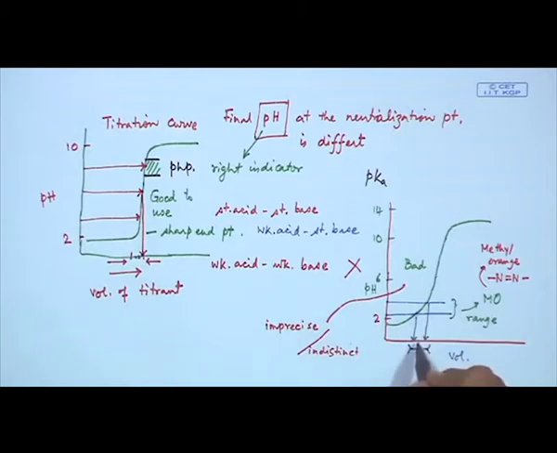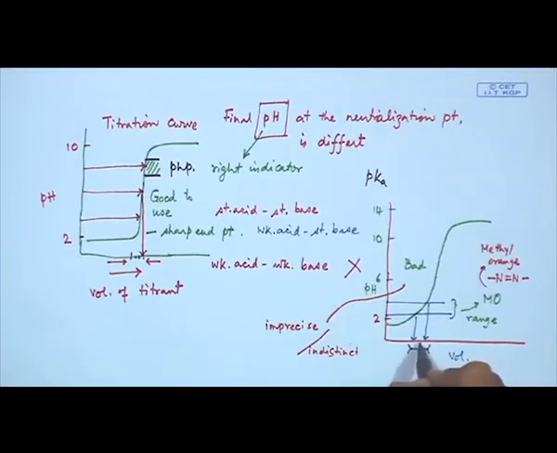But in this particular case it is not, it can be milliliters. So, this milliliter range of error will creep in if we use methyl orange as the indicator. We cannot afford that for this particular type of titration, and we will consider this as an indicator error.